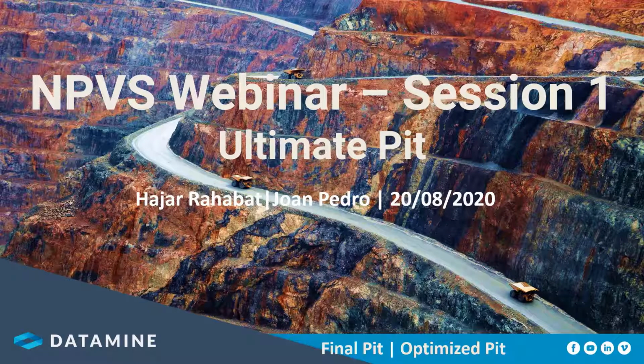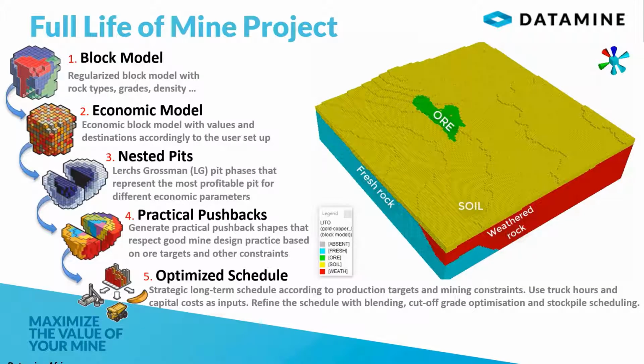For today, we will show you how to create your ultimate pit using our tool in our software NPVS. So, a full life of mine project needs to follow these steps. The block model.